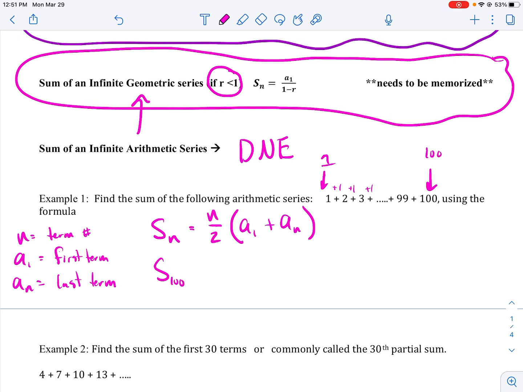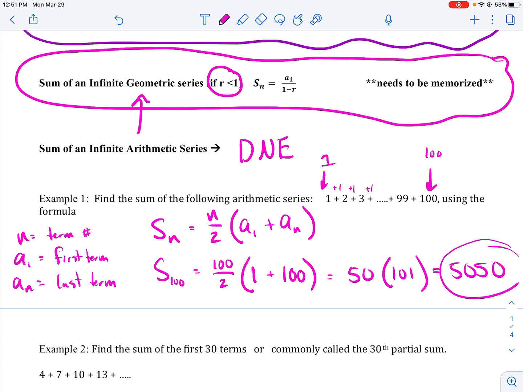Anywhere you see an n, you're going to put the 100 because that lets us know how many terms are in the sequence. There's 100 terms. Now, what's our first one? First term is 1. Last term is 100. And we simplify this out. Lo and behold, what in the world do we get? We still get 50 times 101, which is 5050.